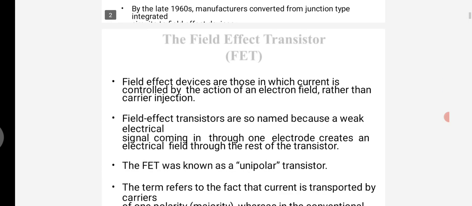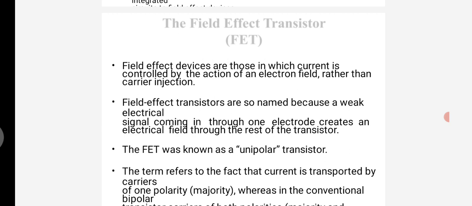So now here we go for the field effect transistor. It is also short-named as FET, F for field effect transistor. It is also known as a junction field effect transistor. The field effect devices are those in which current is controlled by the action of an electric field rather than carrier injection. In a transistor, the current flowing through the device is due to majority carriers, either electrons or holes.